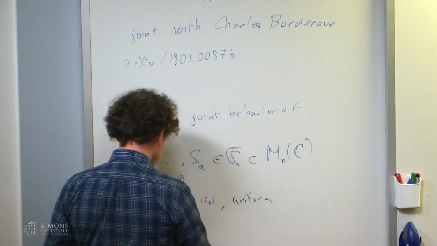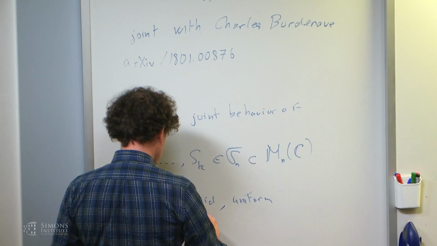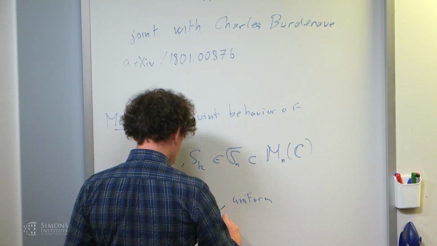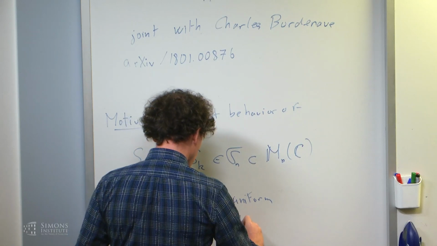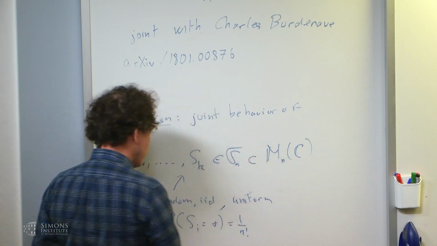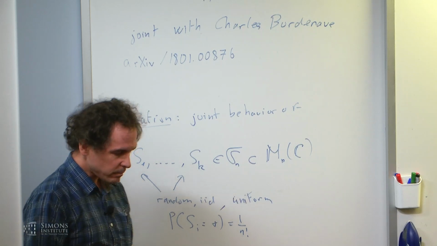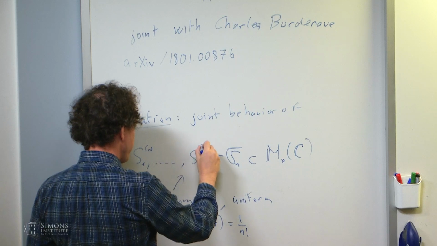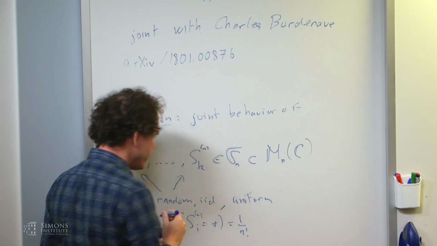So here it just means that the probability that a given permutation takes some value is 1 over n factorial. Since I will be interested in large n behavior, I will put this here.